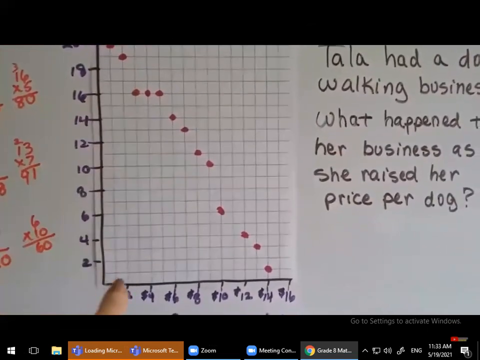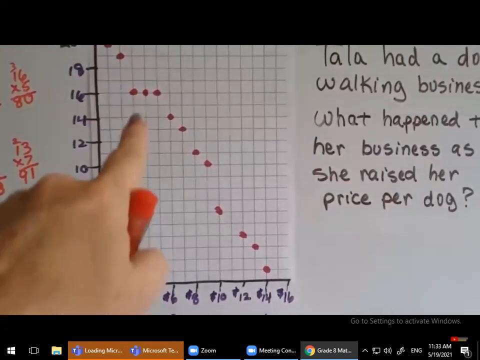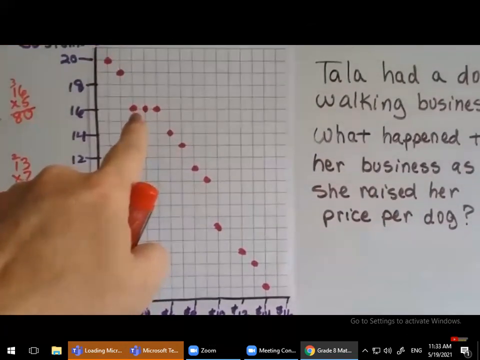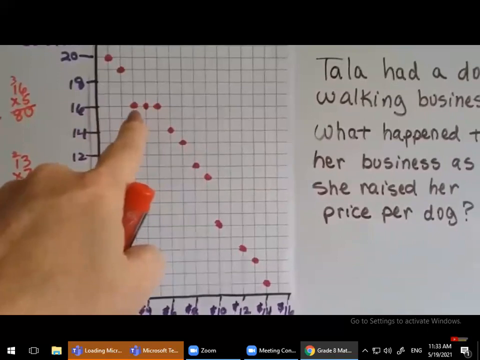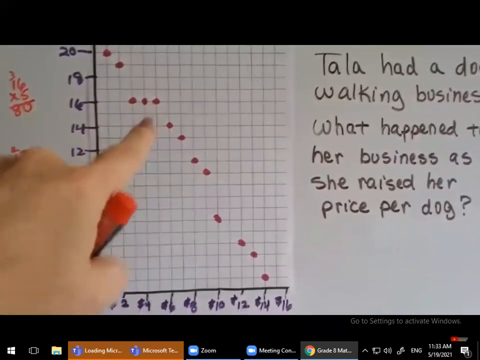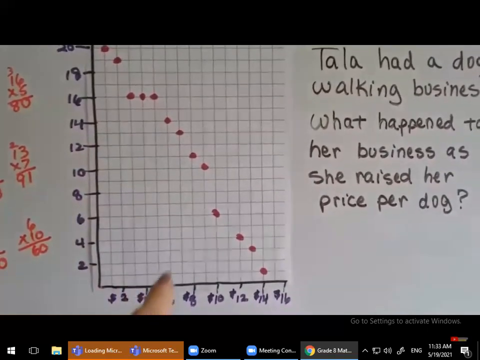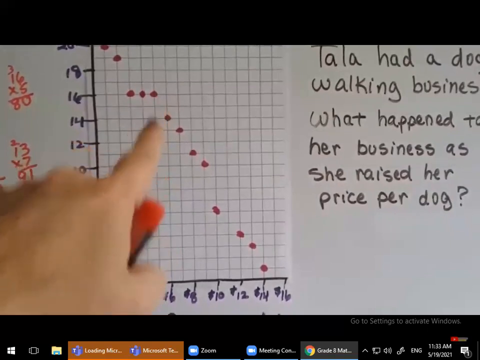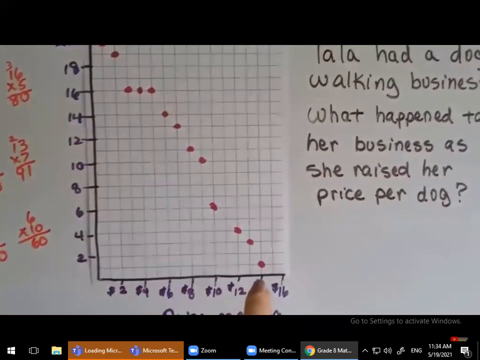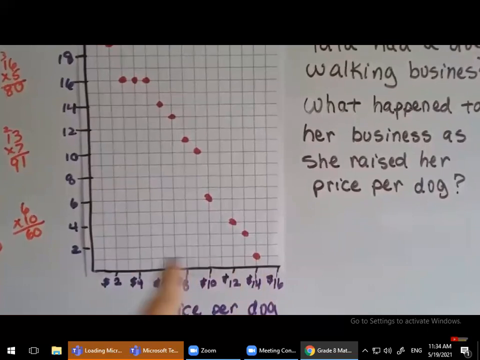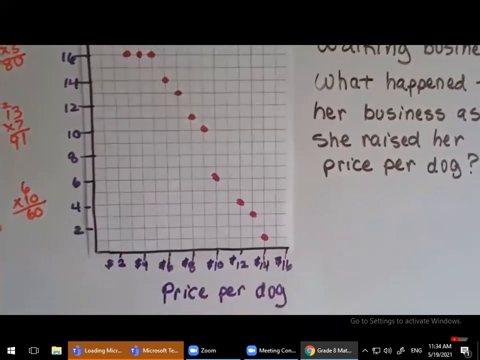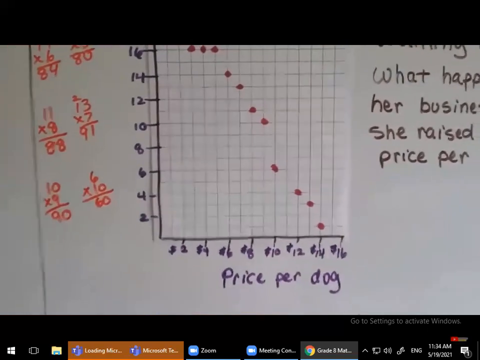See that? When she raised her price to $3 per dog, she dropped to 16 customers. She lost 4 customers. And then she kept the 16 customers, even though she raised the price to $5 a dog. And by the time she raised her price to $14 a dog, she only had 1 customer left. Well, that wasn't smart, was it?